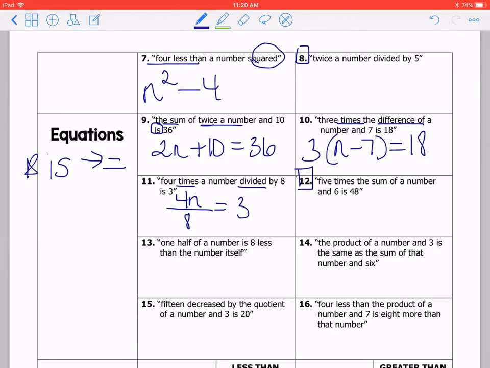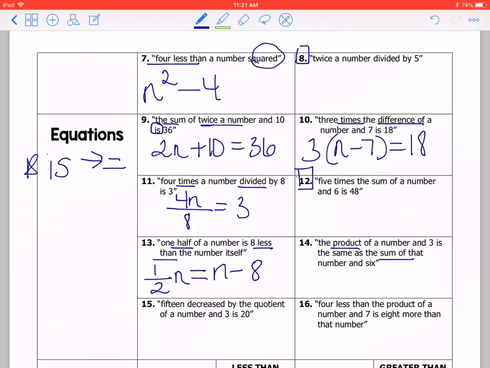13 says 1/2 of a number, so now we have a fraction, is 8 less than, which means we have the turnaround, the number itself. So 1/2 of a number is, when it says that same number, you're going to use the same variable, and it's 8 less than that. 14, we have product of a number and 3 is the same as the sum of that same number, same variable, and 6.